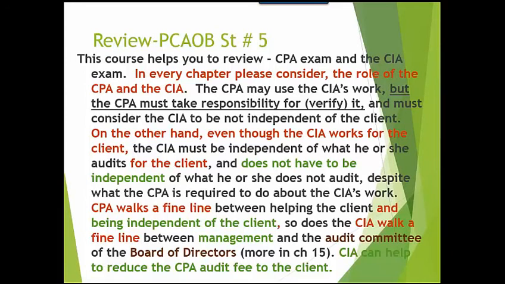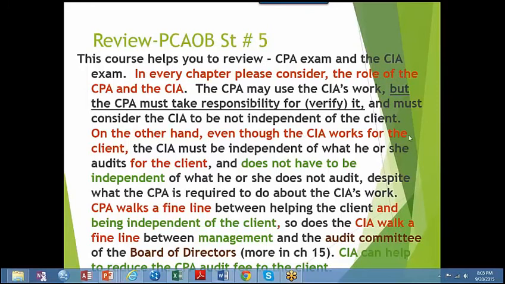In fact, one of the things we recommend is that after students have completed the CPA exam, they go for a second certification, because this will enhance your marketability out in the field.